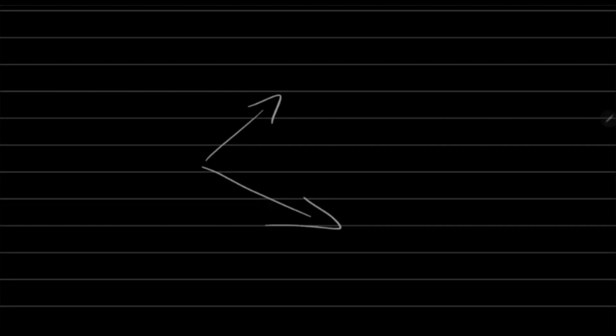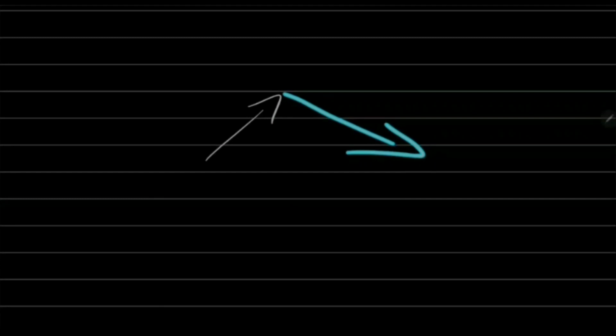If I add them, then we can imagine taking the beginning of one vector and positioning it at the tip of the other vector. And then the tip of our initial vector is the resulting vector from that addition.